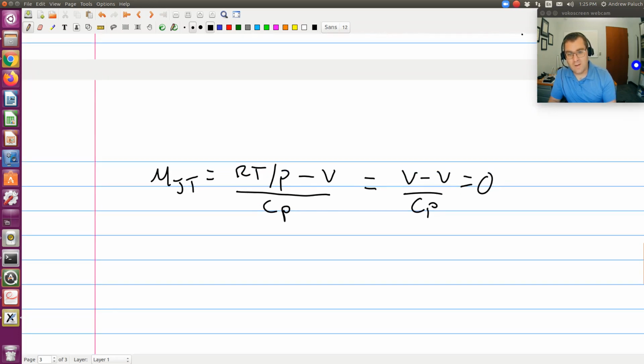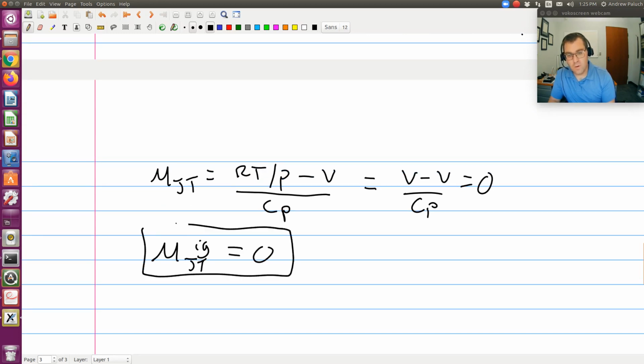So for an ideal gas, we find that the Joule-Thomson coefficient is 0, which means an ideal gas makes a terrible refrigerant. If I were to decrease the pressure of an ideal gas, isenthalpically throttle it, the temperature is going to remain constant.